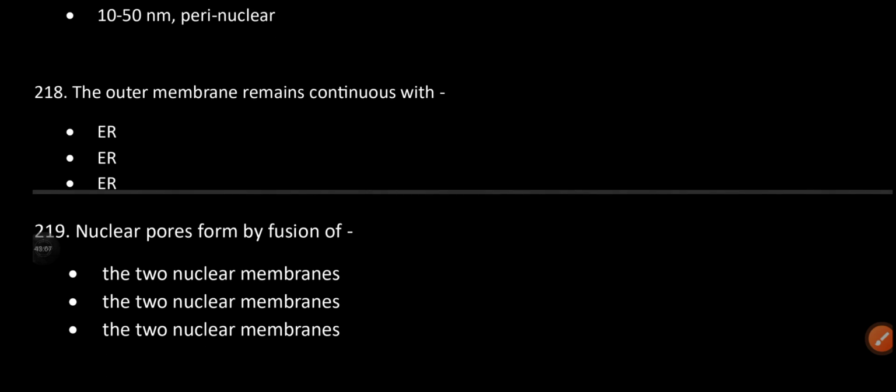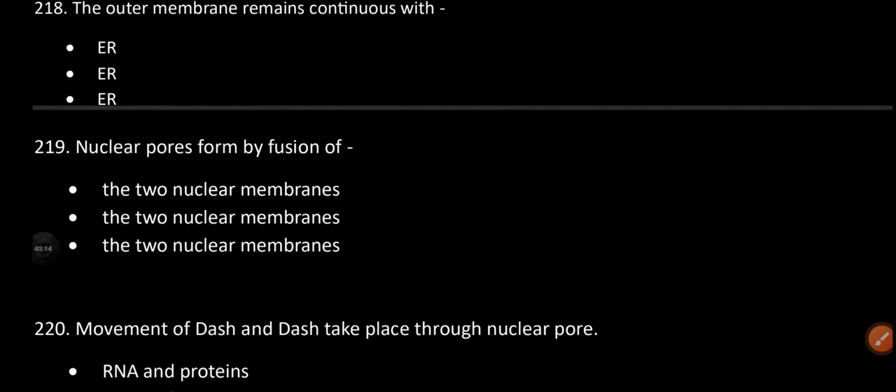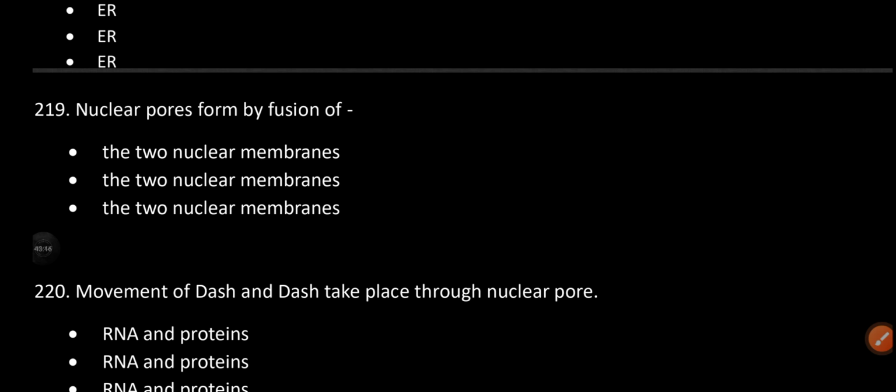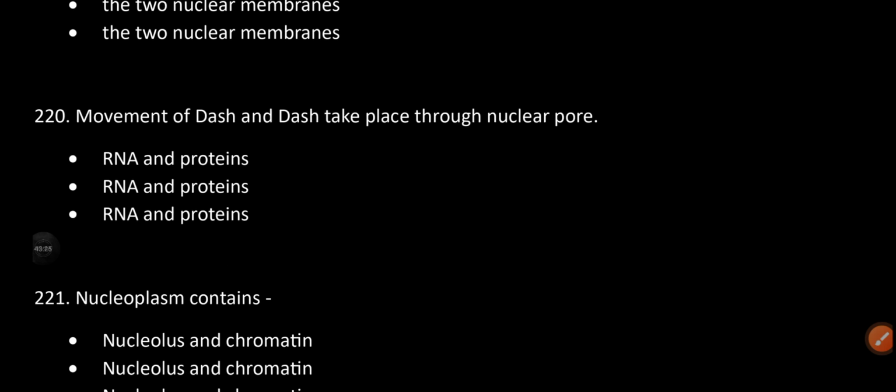The outer membrane remains continuous with endoplasmic reticulum. Nuclear pore is formed by fusion of the two nuclear membranes. Movement of RNA and proteins takes place through nuclear pore.